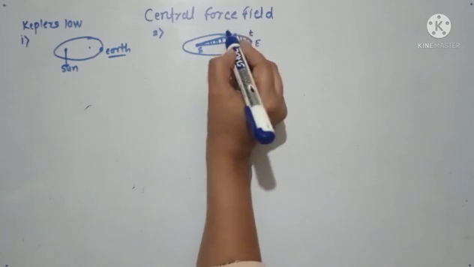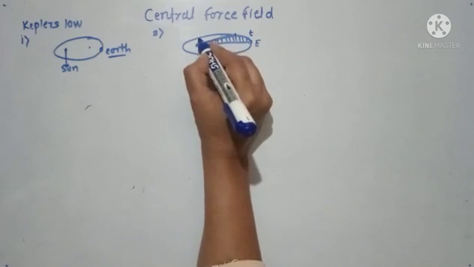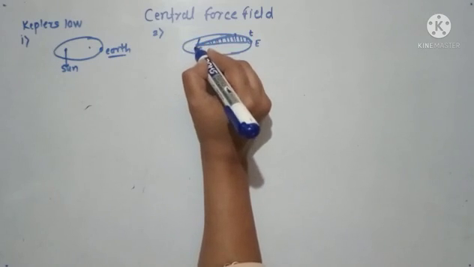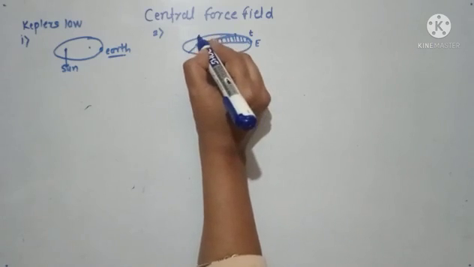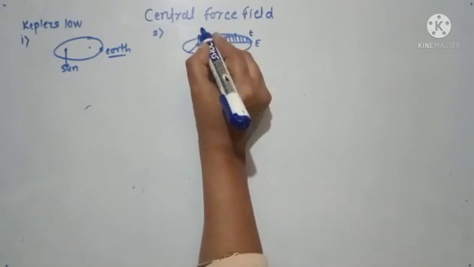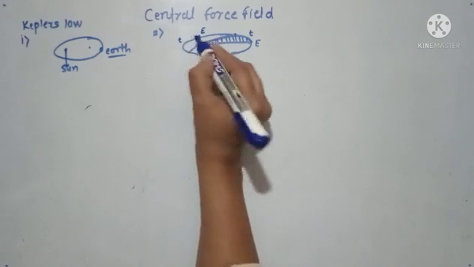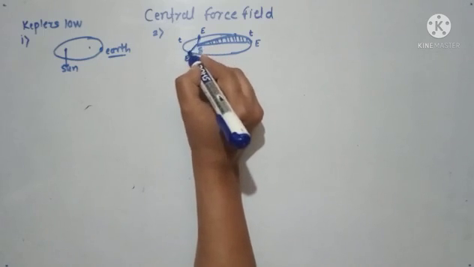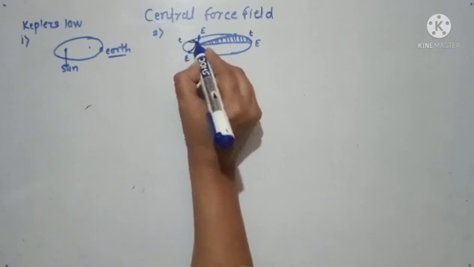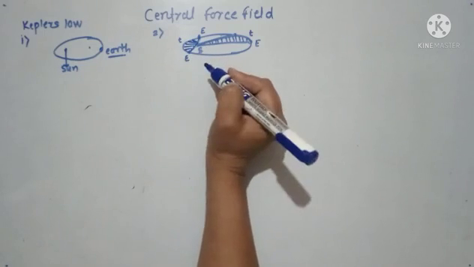Now if the earth comes over here, in the same time period t it will move from here to here. Suppose the position of the earth is now here, and in time t it is moving from this place to this place. Now this is the area swept by the radius vector.